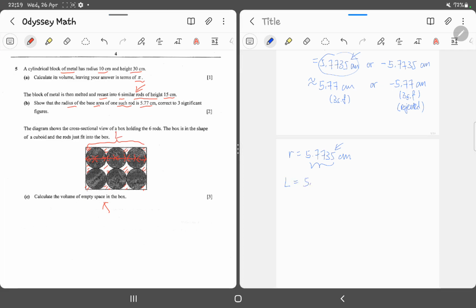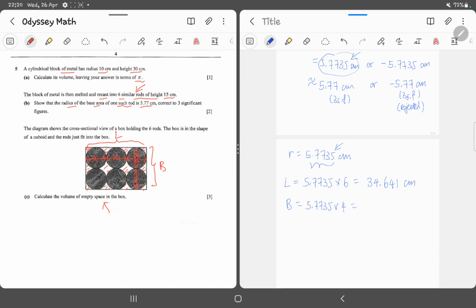L equals 5.7735 times 6, which means that my length will be 34.641 cm. And my breadth is equal to 5.7735. Over here, there will be 4 times the radius to find the breadth.